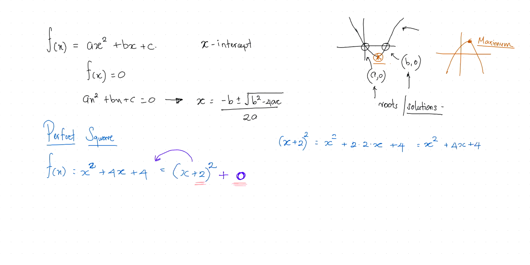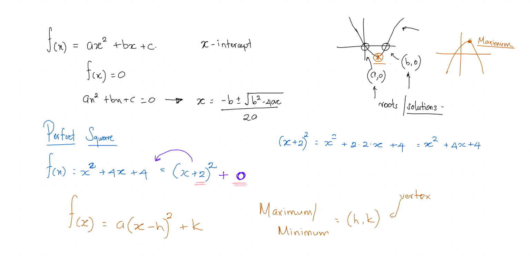If we can find a function in a common form that looks like a(x minus h) whole squared plus k, then we would say the maximum or the minimum point is achieved at the coordinate (h, k), and we call this a vertex.